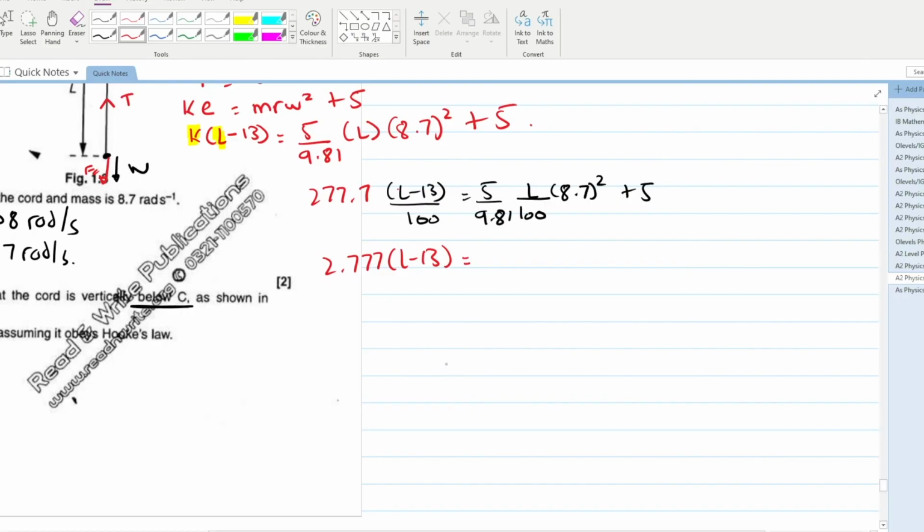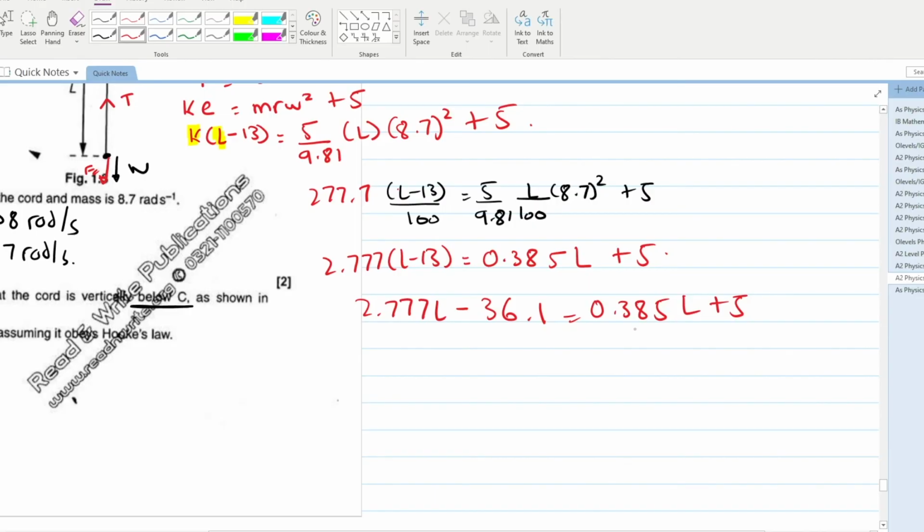This comes out to be 0.385 L plus 5. ठीक है, 2.77 L minus 2.77 into 13. This comes out to be minus 36.1 is equals to 0.385 L plus 5.